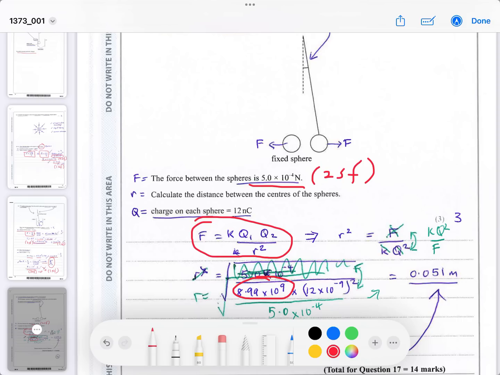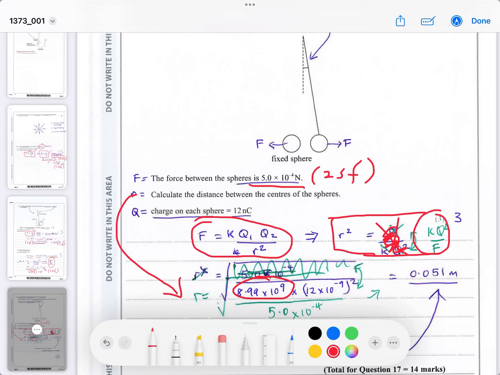We want to work out R. Change the subject of the equation, and you'll see that R squared, I made a mistake there, R squared will be equal to KQ squared over F. Yes, so be careful in the exam. It's just a simple algebraic error. R squared is equal to this in the red circle. Yes, not what I've written initially.